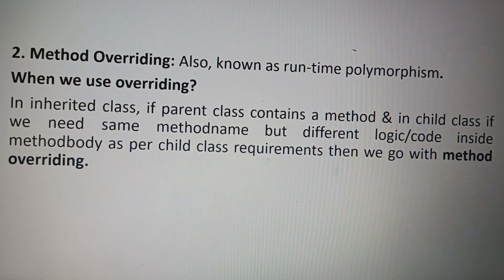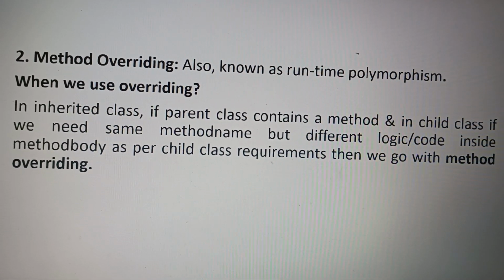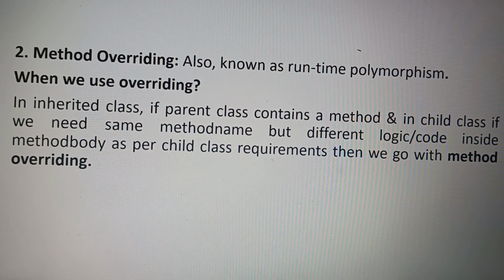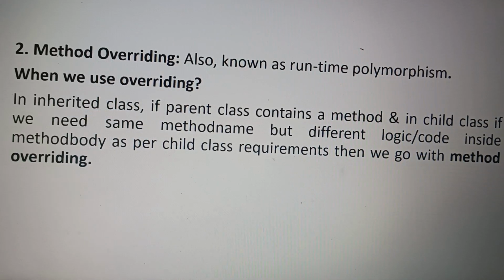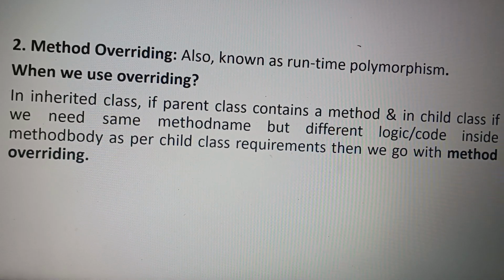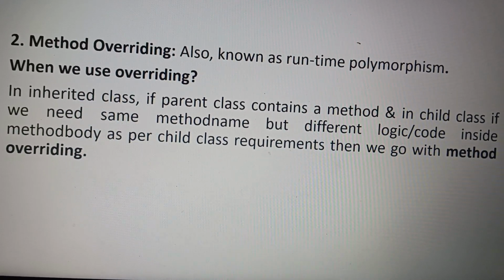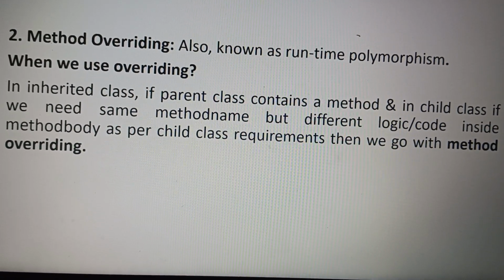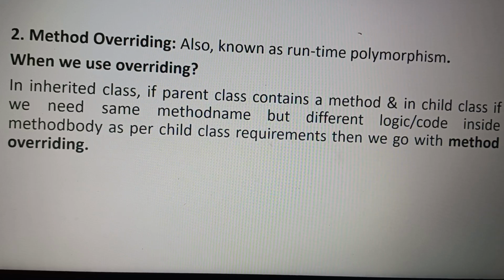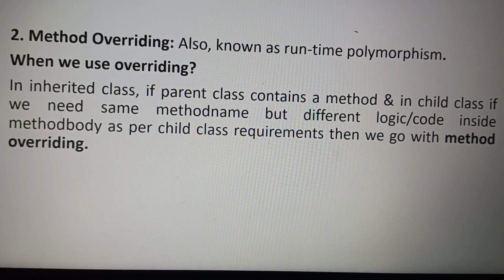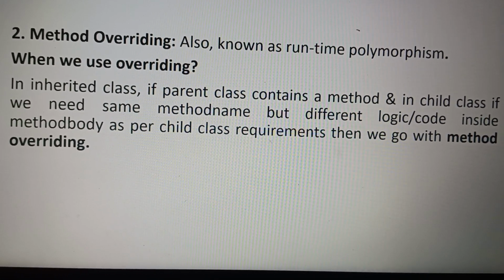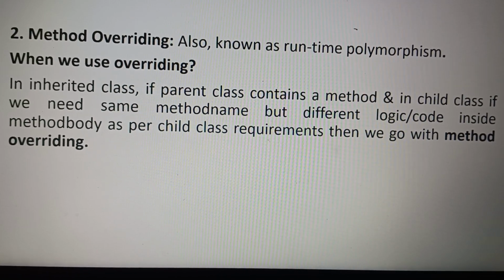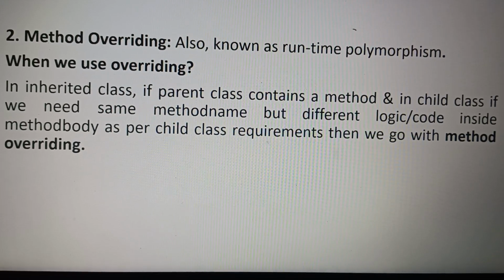One is known as parent class and another is known as child class. So suppose in inherited class, if parent class contains a method and in child class, if we need same method name but different logic or code inside method body as per child requirement, then we go with method overriding.